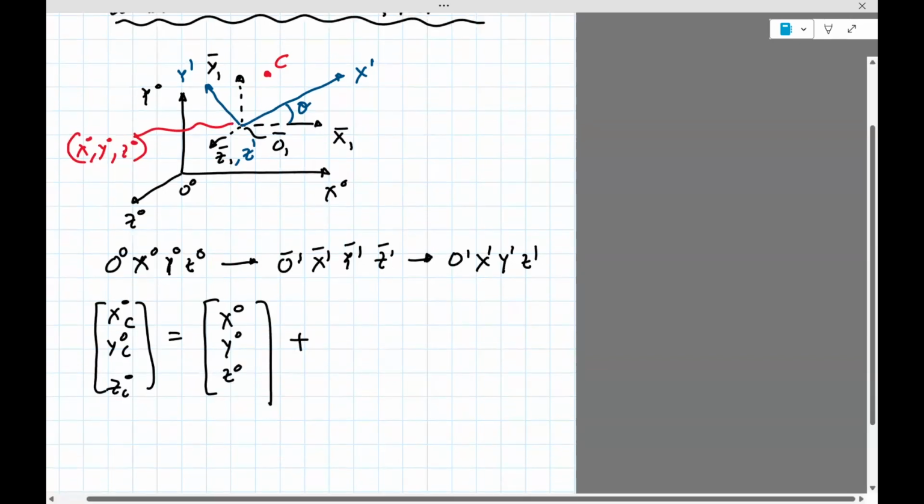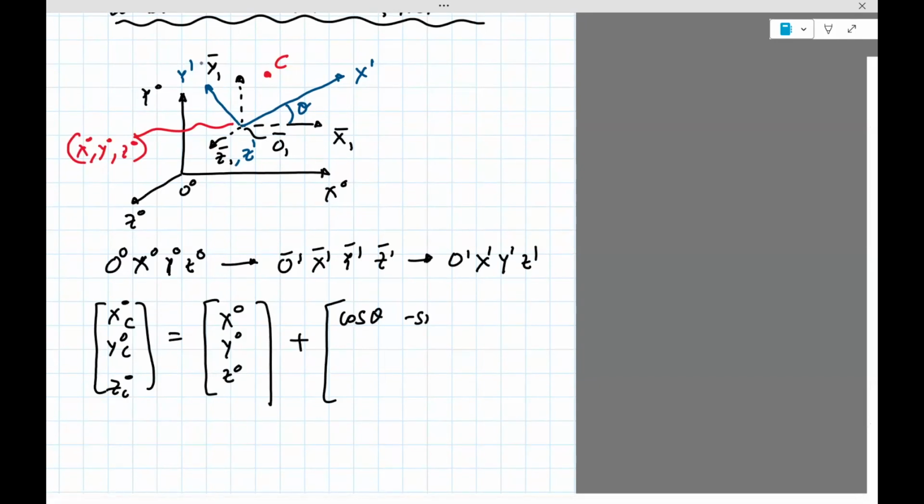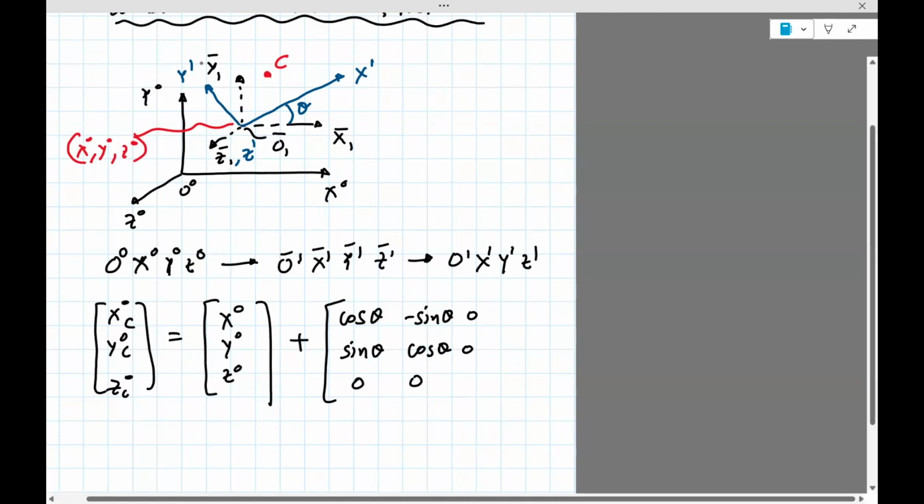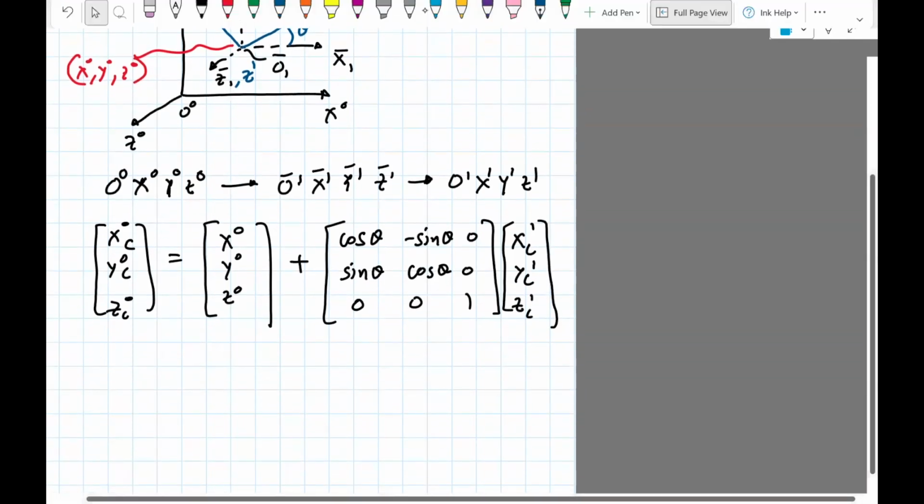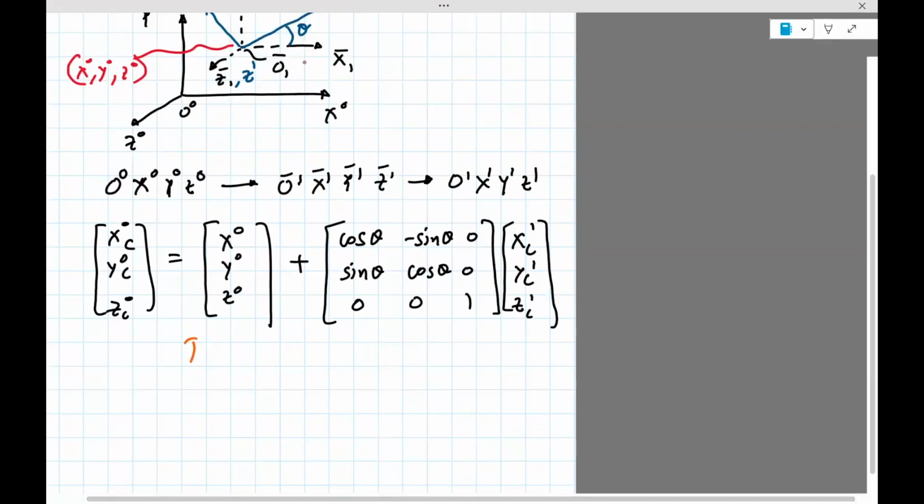And then there's the rotation part: cosine theta, minus sine theta, 0, sine theta, cosine theta, 0, 0, 0, 1. And then this is going to be XC1, YC1, ZC1. Translation, rotation.